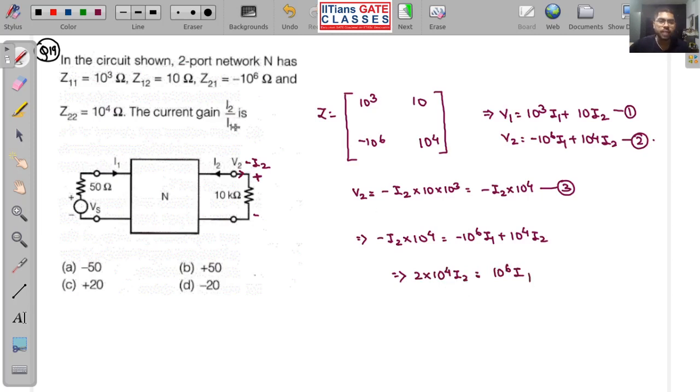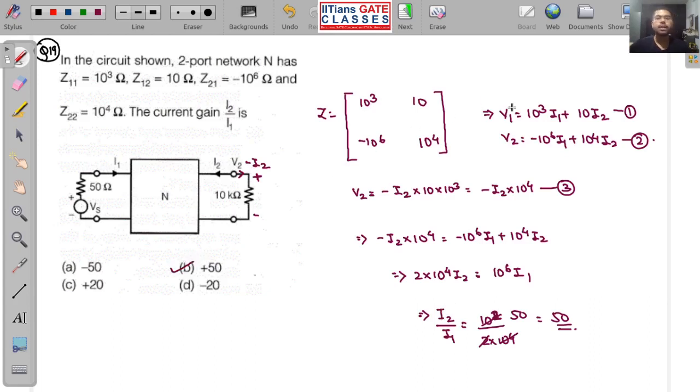They have asked me I2 by I1, so what will it be? I2 by I1 is equal to 10 to the power 6 divided by 2 into 10 to the power 4. So this will be 10 to the power 2, so that is 50. So I2 by I1 comes out to be 50, and this will be a dimensionless quantity. Why? Because this is current gain. So plus 50 is your answer to this question.